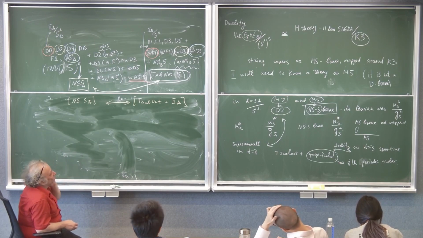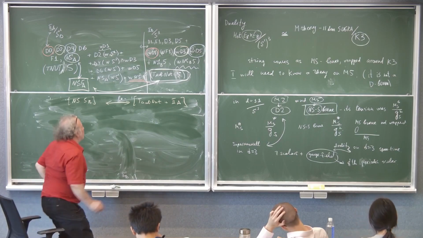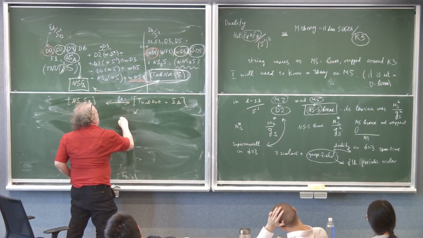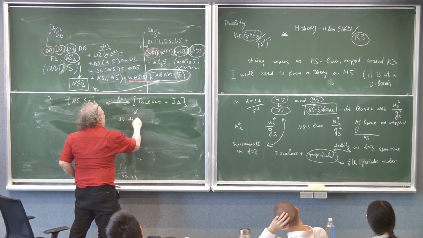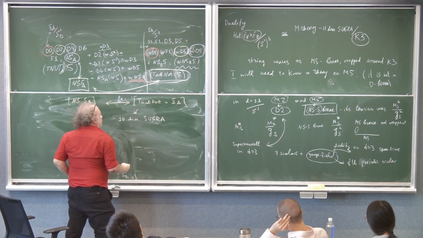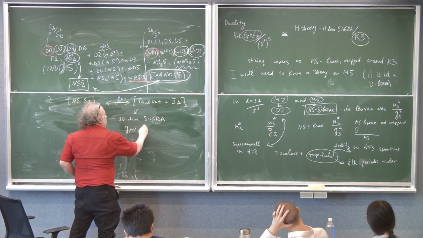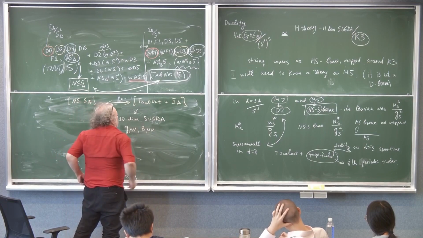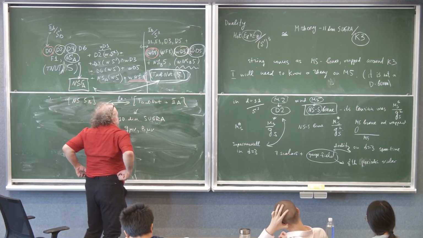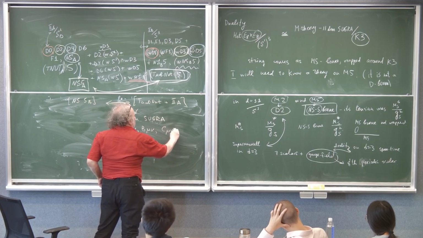So what is Taub-NUT in the theory 2A? We have 10-dimensional supergravity. Here we have 10-dimensional supergravity with the fields: metric, B_mu, C_mu, mu, lambda, sigma.